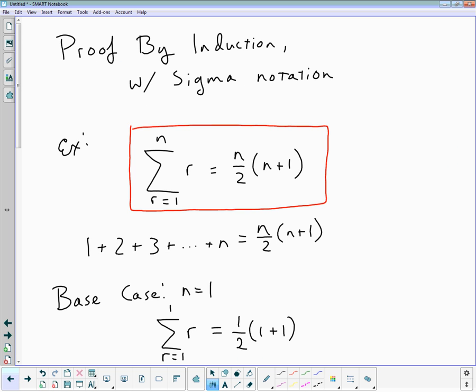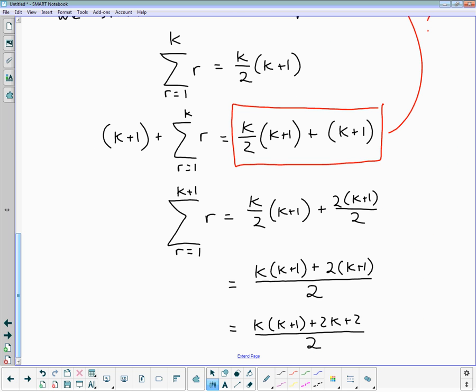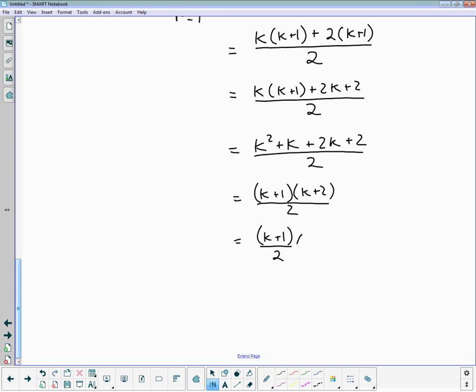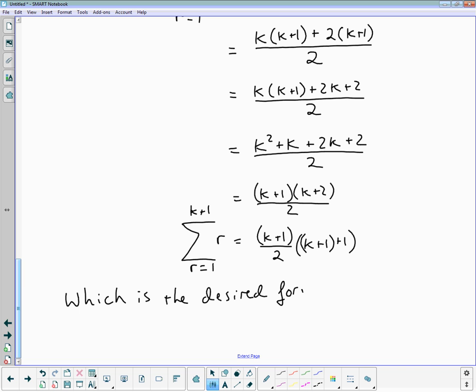So the only difference with these kinds of induction proofs is knowing how to play with the left-hand side.